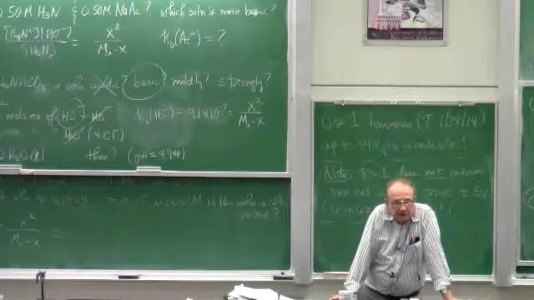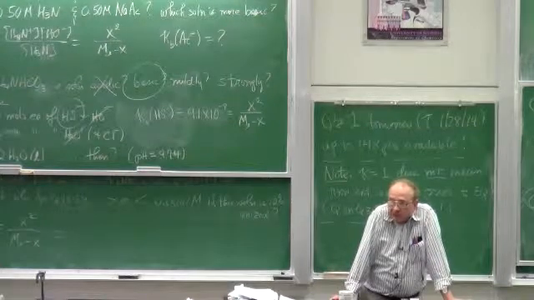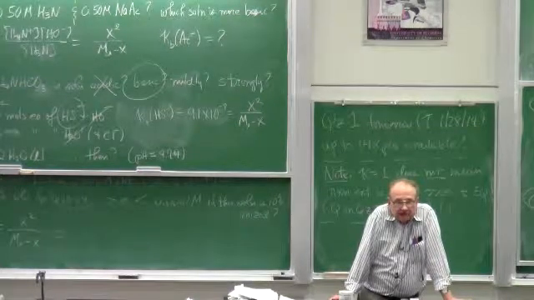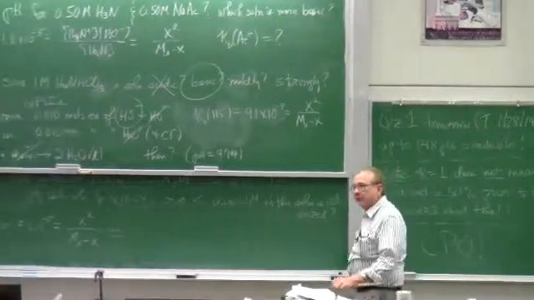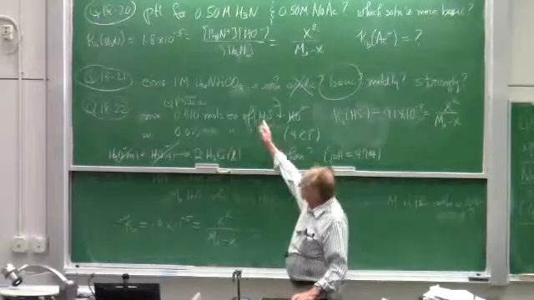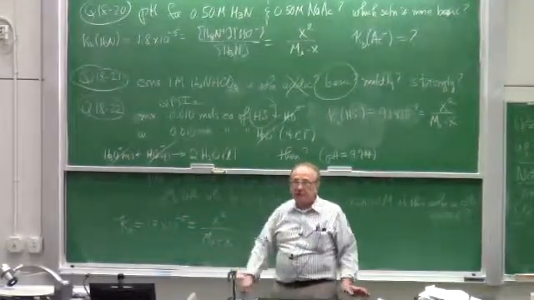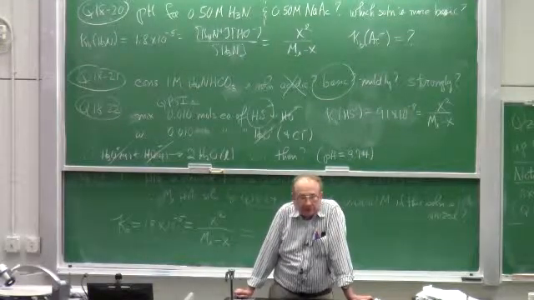What's the molarity of HS minus in this system? Well, it's the mole quantity, 0.010 moles, divided by the volume of the system. What is the volume of the system? 0.30 liters, right? Because I put together, in making this mixture, 200 milliliters of one solution and 100 milliliters of the other solution, right?